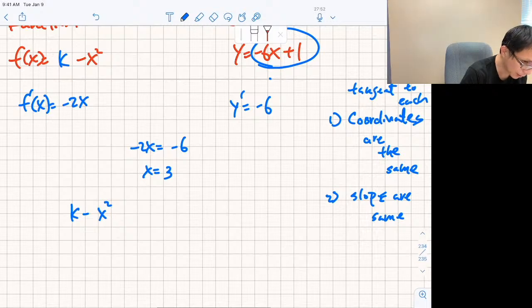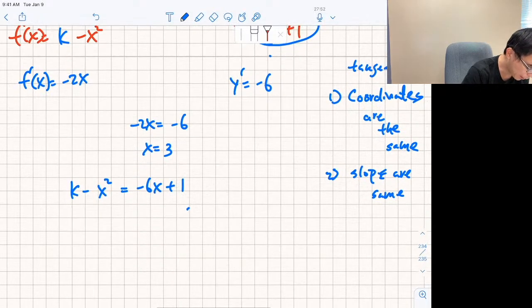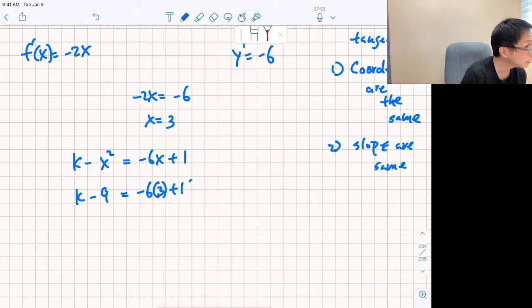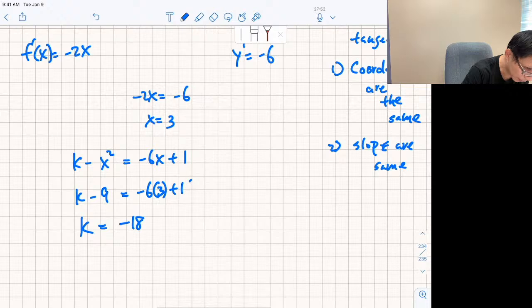Now, can I set the original equations equal to each other? Because the coordinates are the same, so that means input and output are the same. Does that make sense? So can I plug in 3? K is equal to minus 18 plus 1 plus 9, right?